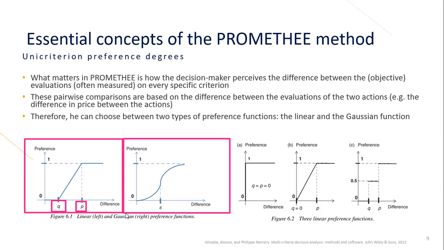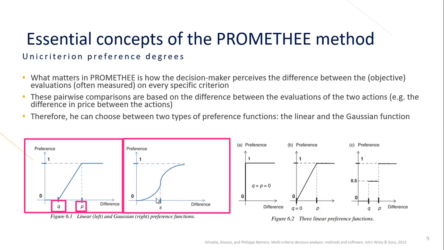Q and P basically determine the minimum difference so that you have a strong preference. Q is the limit below which you do not have a preference, which means the score will be 0, and P is the upper limit at which you give a strong preference, which refers to a score of 1.